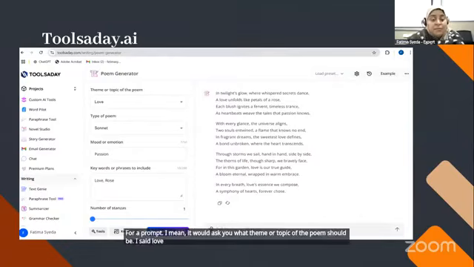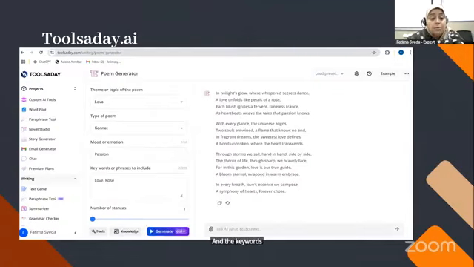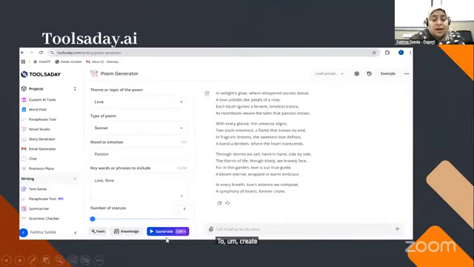Then what type of poem do you want it to write? Sonnet, I said. And then what should be the mood or emotion? I said it should be passionate, full of feelings and emotions. It also asked about the keywords, what keywords I want it to include, and I gave the keywords. And it also asked what number of stanzas I want it to create. And then I asked it to generate. And this is what it generated.